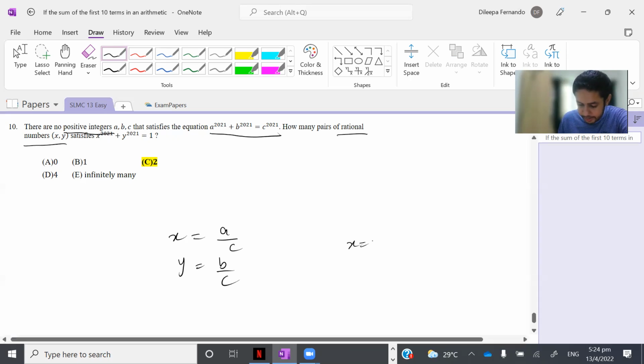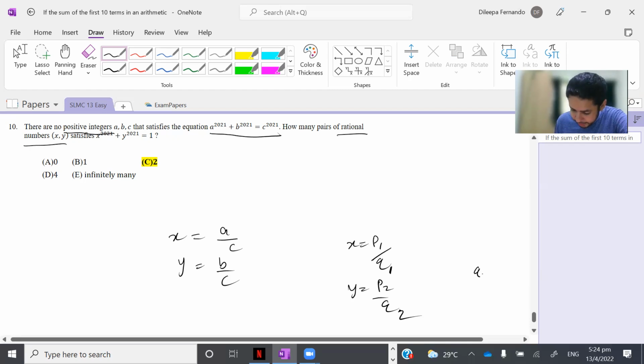Now let's say, according to the rational number definition, x is p1 divided by q1 and y is p2 divided by q2. Can we consider the common denominator?